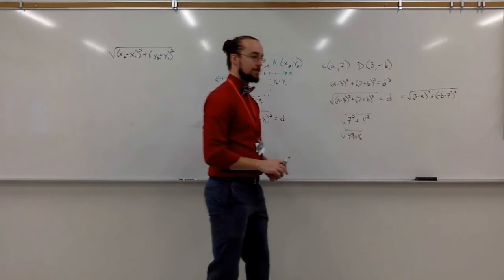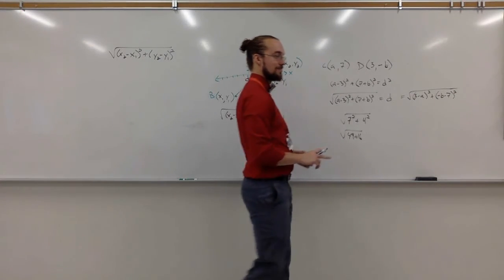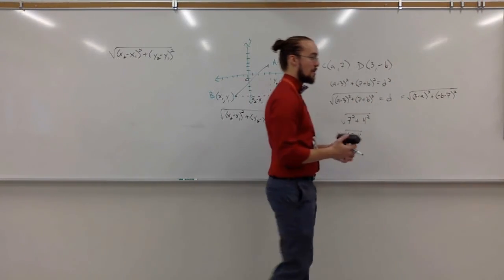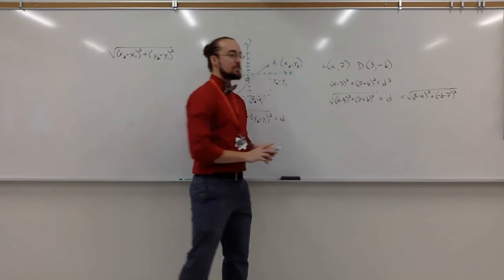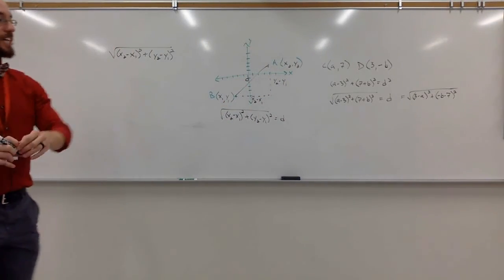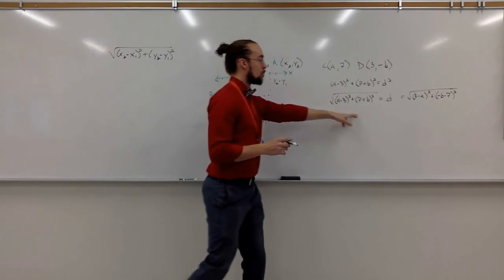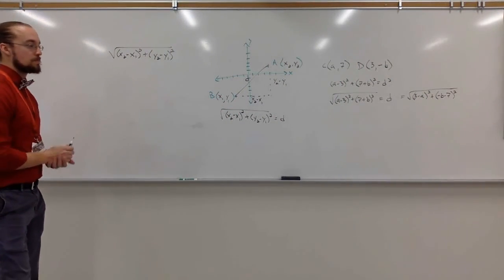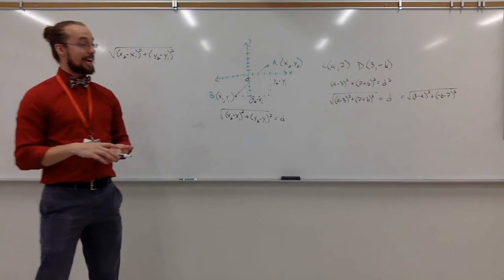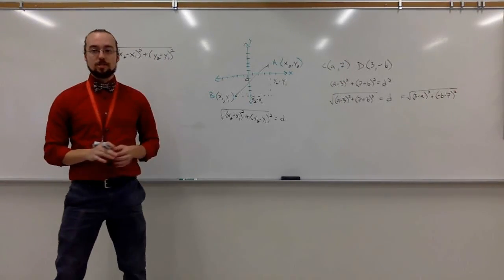So to answer Alex's question for everybody, whenever we have addition or subtraction under a radical, we cannot just cancel things out. Whenever we have multiplication or division, we can, but if we have addition or subtraction, we cannot. Okay. Other questions?